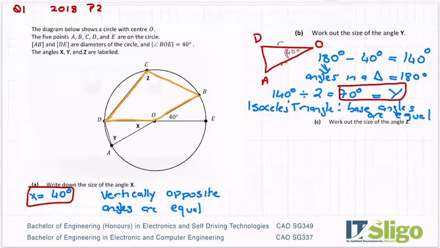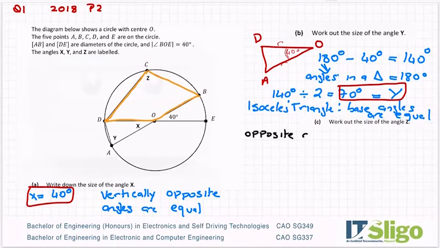So you can see that that quadrilateral is within the circle. And when you place it inside the circle, you force the angles to be a certain size. So opposite angles in a cyclic quadrilateral add up to 180.